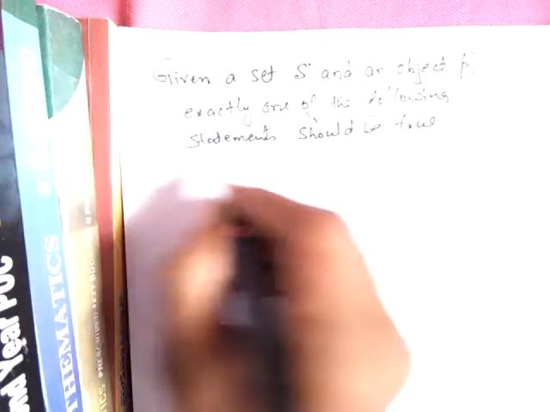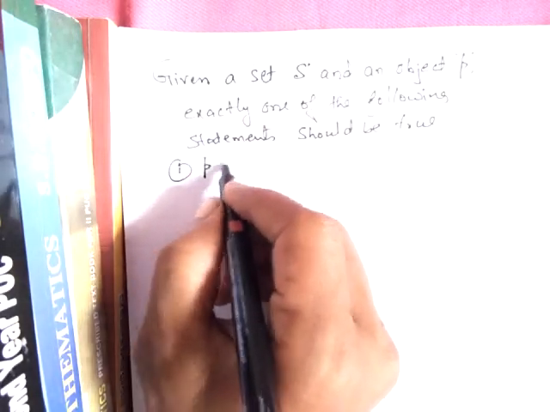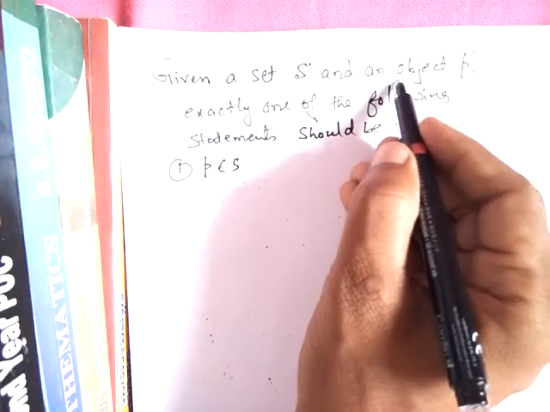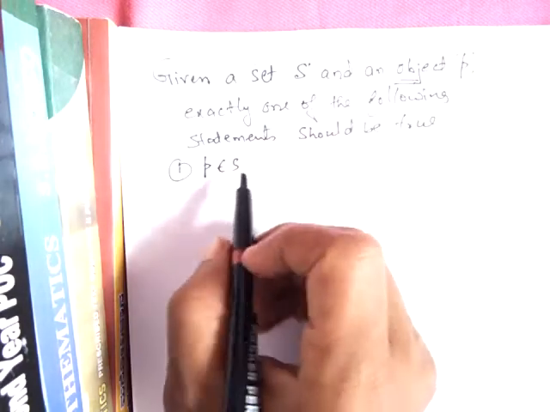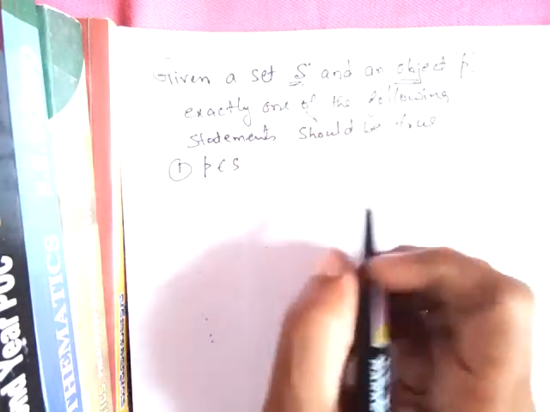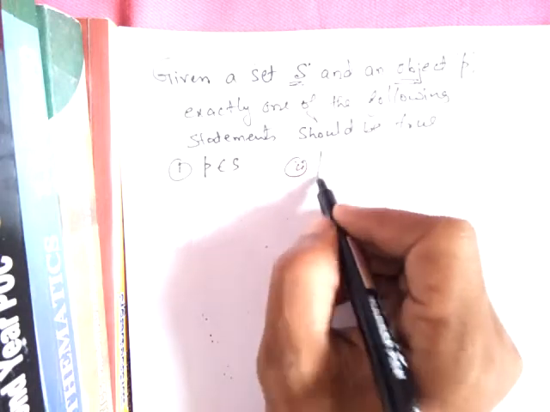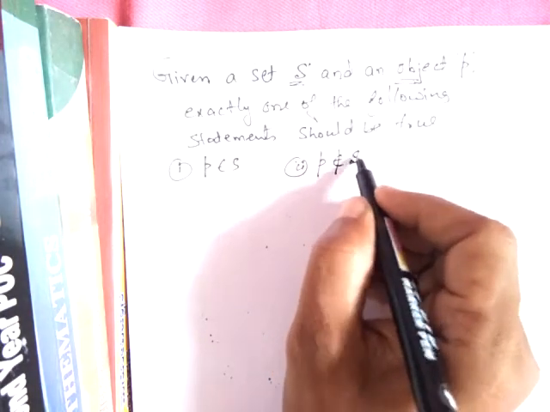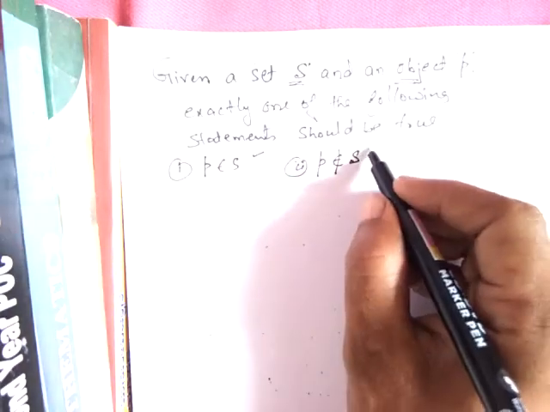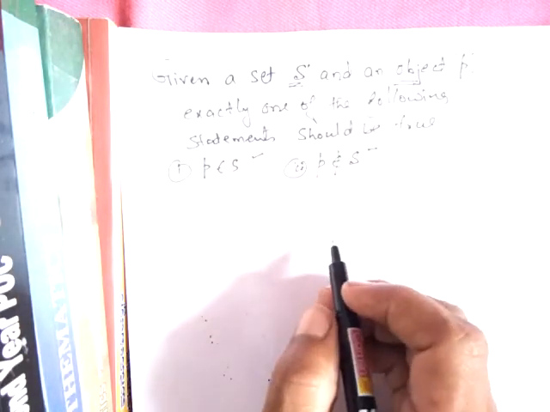So either the first one, p belongs to S, meaning this small element, object, member of the set, p belongs to this set S, or like this you can say small p does not belong to S. Either this condition is satisfied or this condition is satisfied, any one will be true.